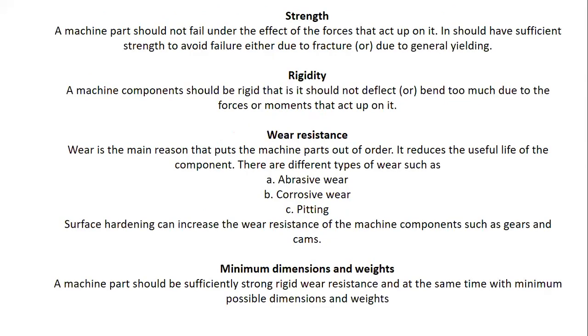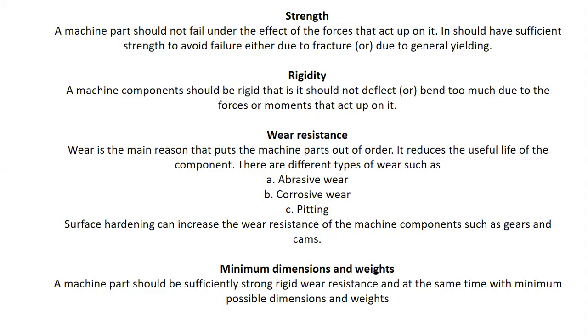We started looking at these individual criteria. We've talked about strength, rigidity, and wear resistance, where I said that there are different types of wear: abrasive wear, corrosive wear, and pitting wear. You can reduce the wear and tear on materials by increasing the wear resistance of the machine components through what is called surface hardening.